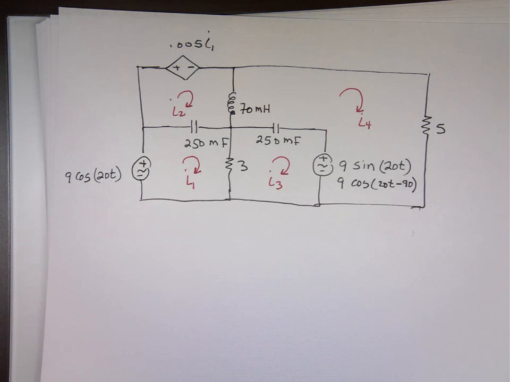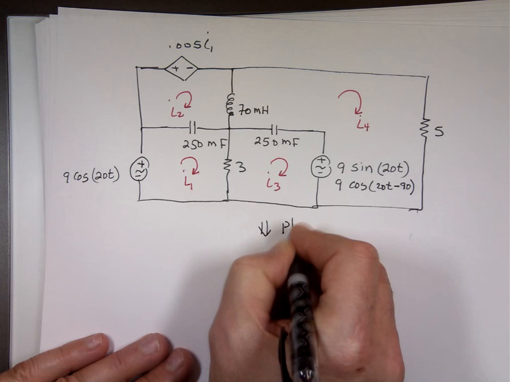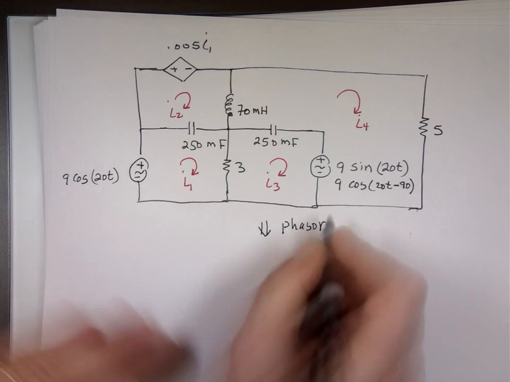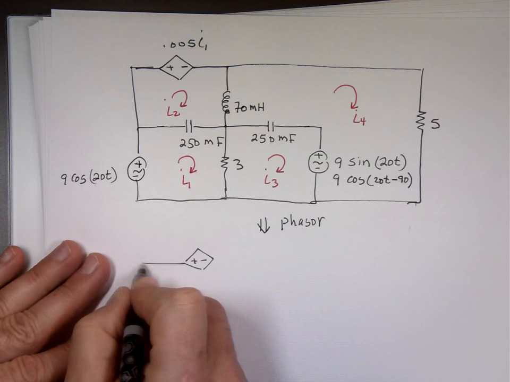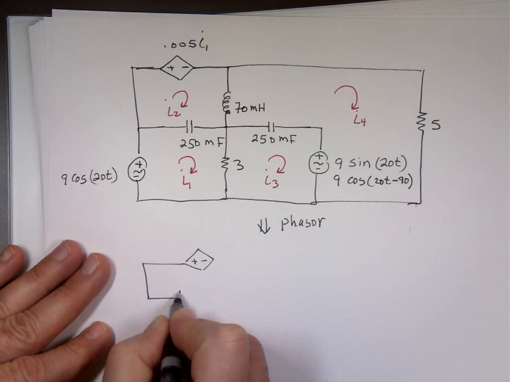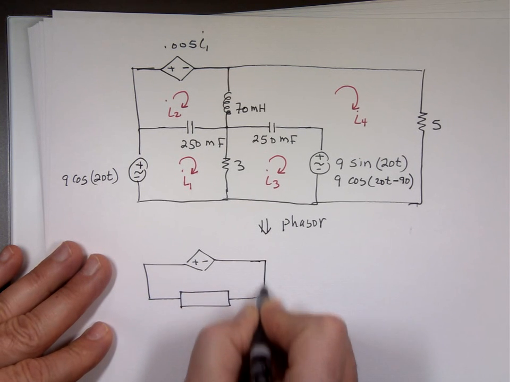So if I switch that to phasor, I'm just going to use a box there. I like the boxes, they're nice. Oh, I forgot to put a box here.